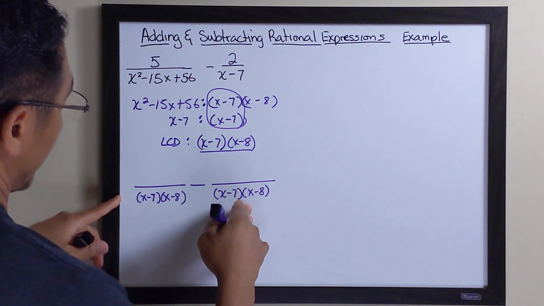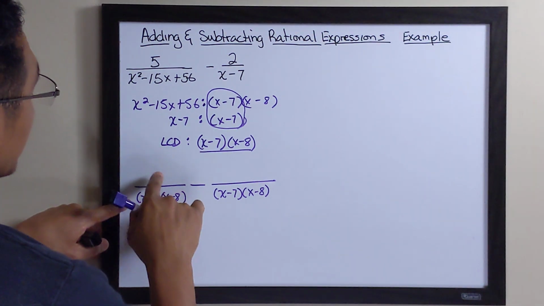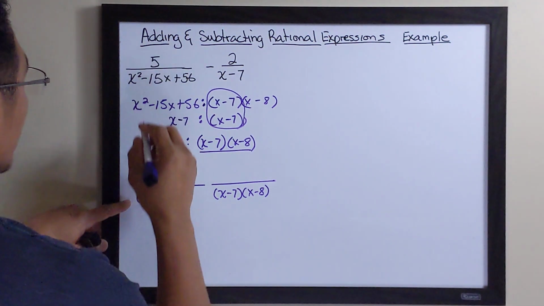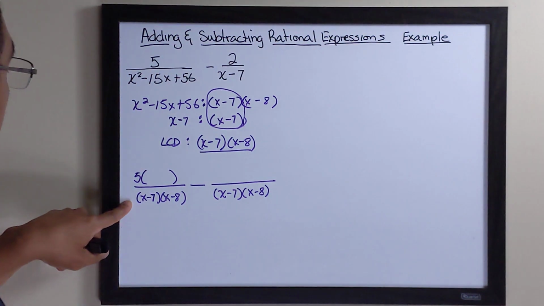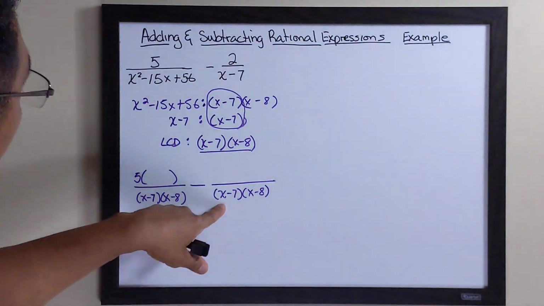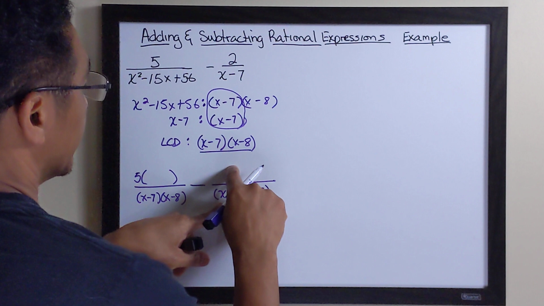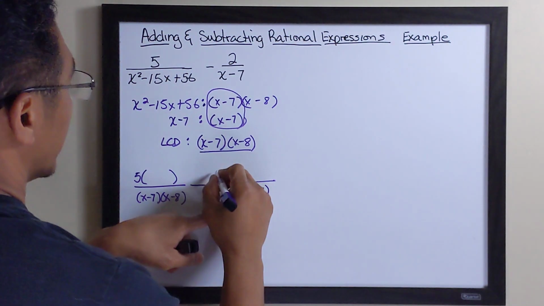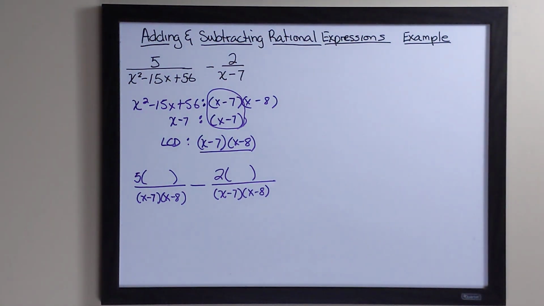Now, how do we do that? In order to get the new numerator for our first term, we take the old numerator, which is 5, and multiply it times some number. Also for the second term, we take the old numerator, which is 2, and multiply it times some number. How do we get that number?